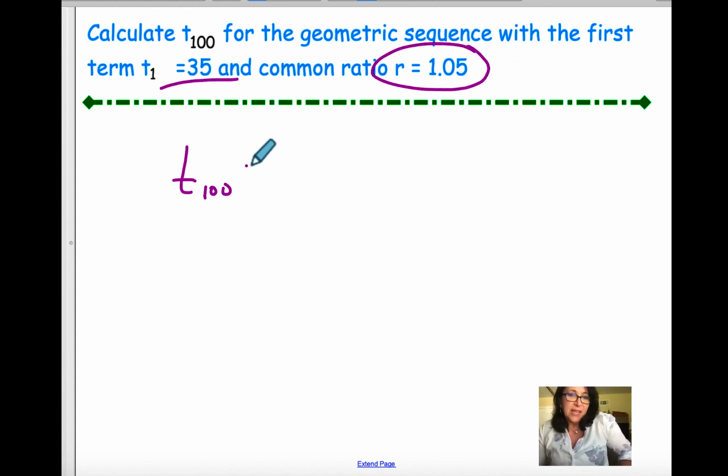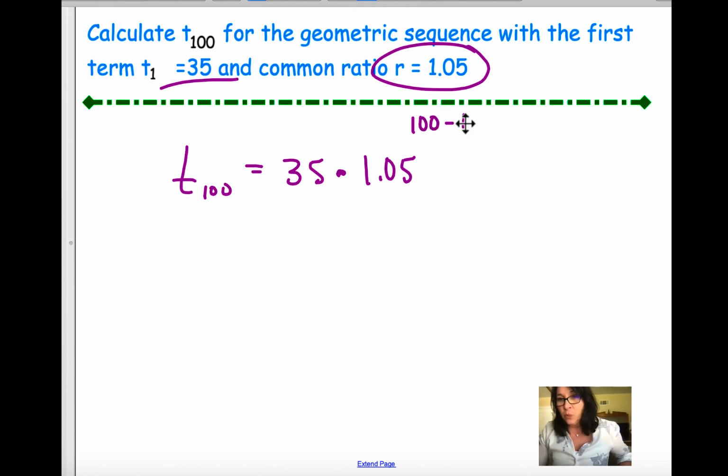So this is just making sure that you know how to do this. The first term is 35 times r, which they gave me, which is 1.05, to the 100 minus 1 power. So for this problem we're going to say 1.05 to the 99th power, and that gives me 125 point something.